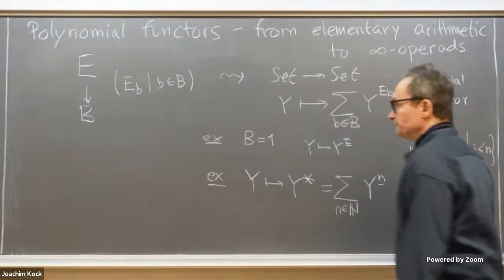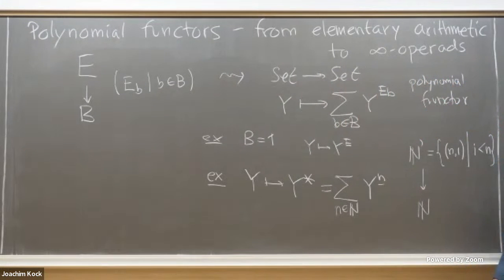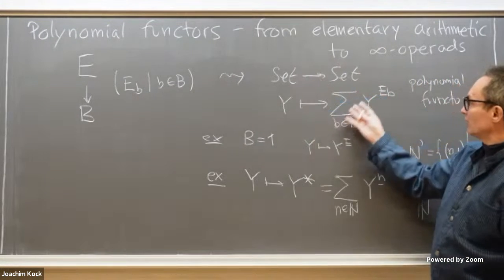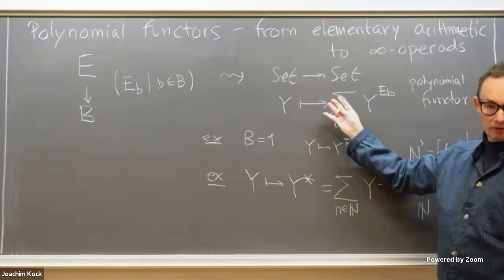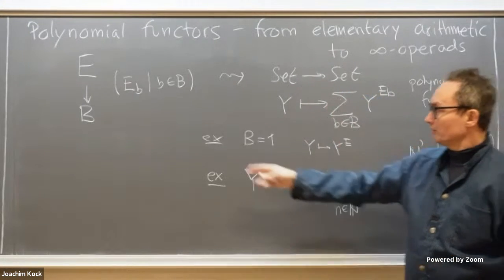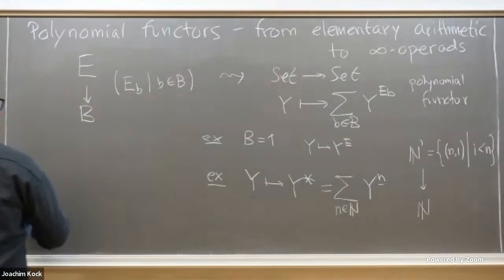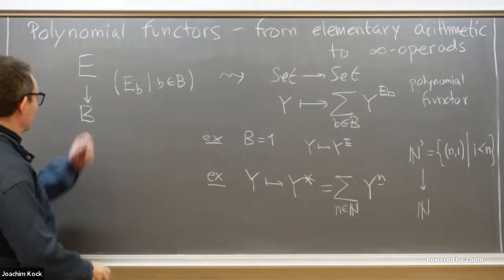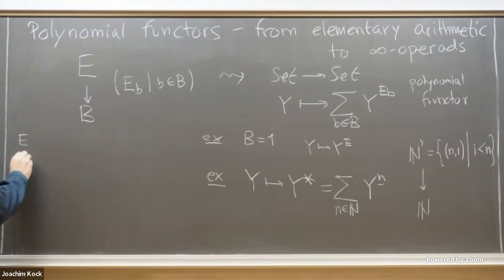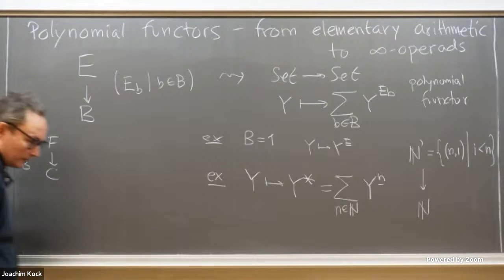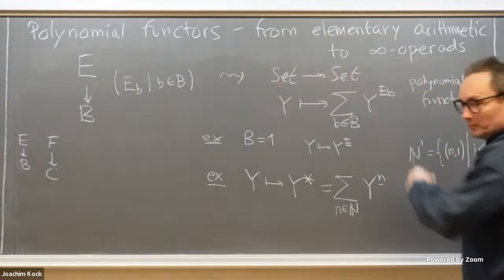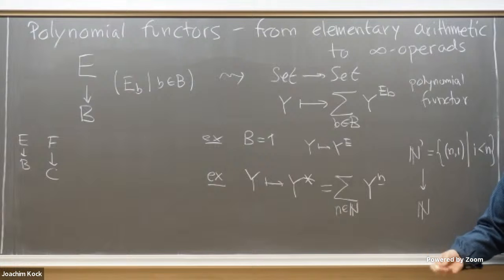So now the game is to do all the algebra we can with these polynomial functors in terms of the representing diagrams. As an example of that, suppose I have two such polynomial functors, one E to B and another one F to C. So now I have two polynomials of this form, and I want to add them because that's something we do with polynomial functors.